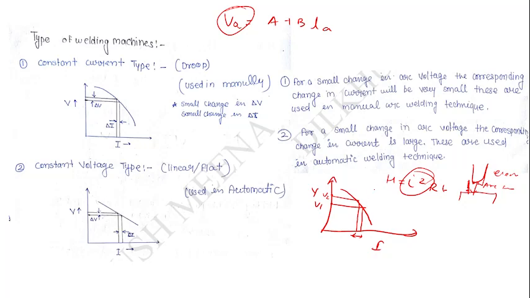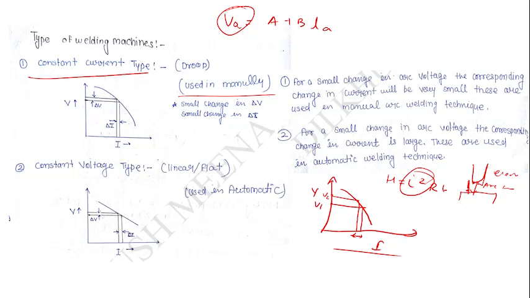Constant current if you are welding manually. So this kind of constant current type machine will be used when you are doing it manually, so that even if there is a large change in your voltage, your current will still be constant, because the change in current is very small.